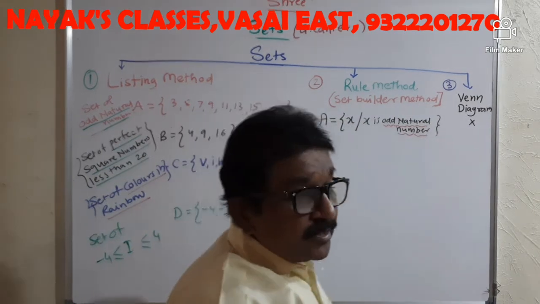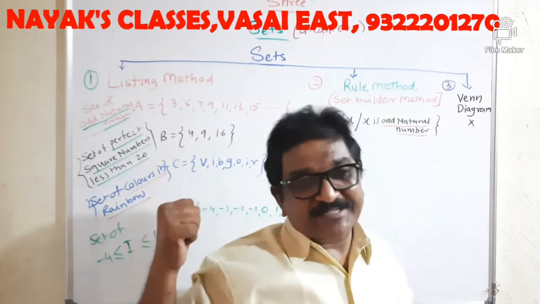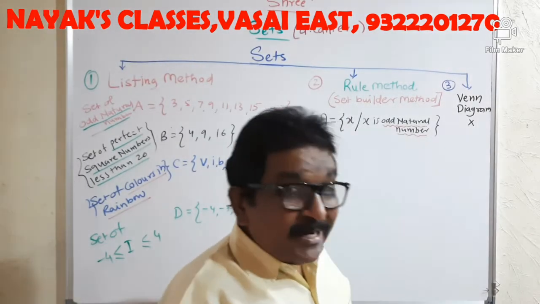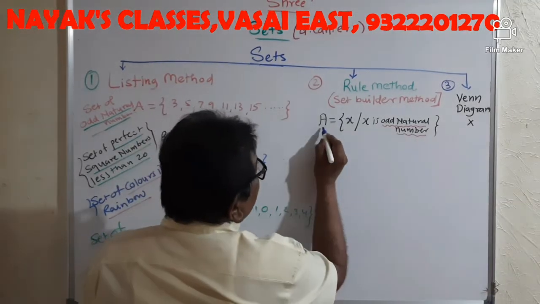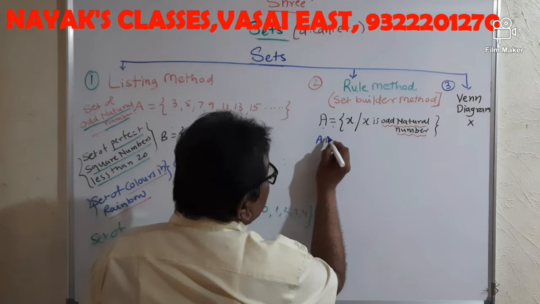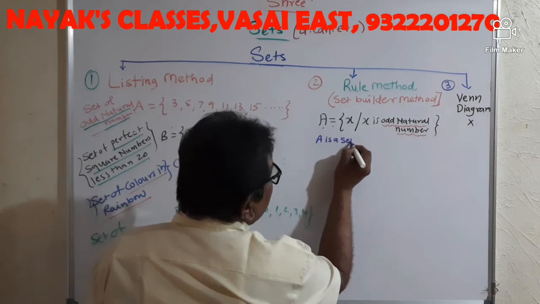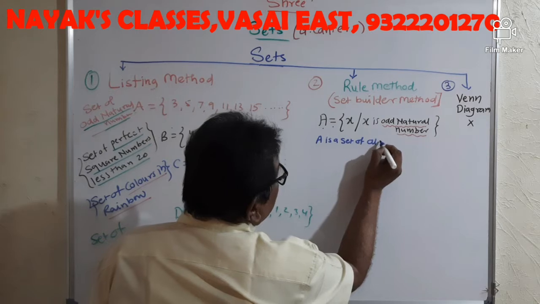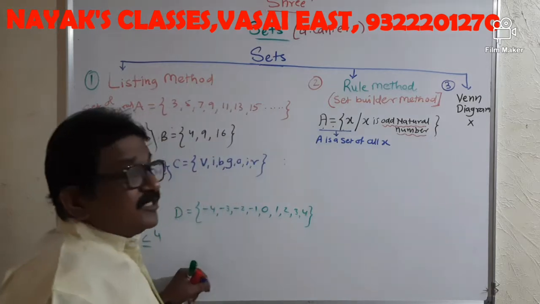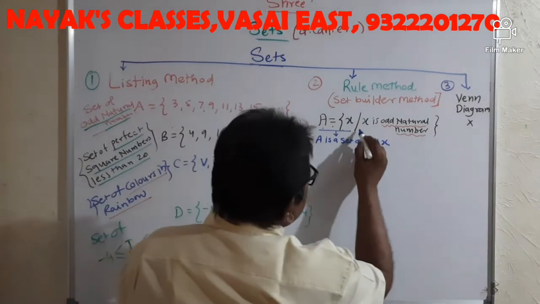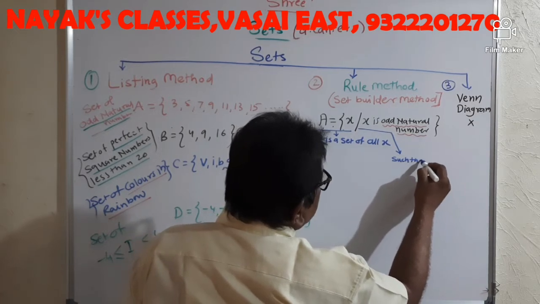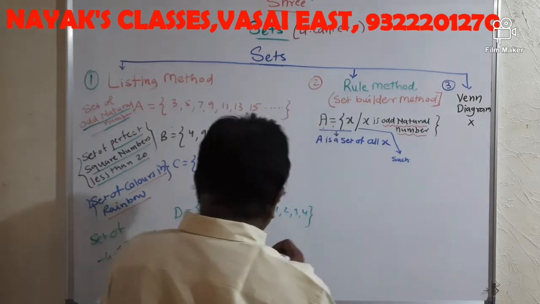So a rule is present in the question. How to represent it? A is a set of all x.